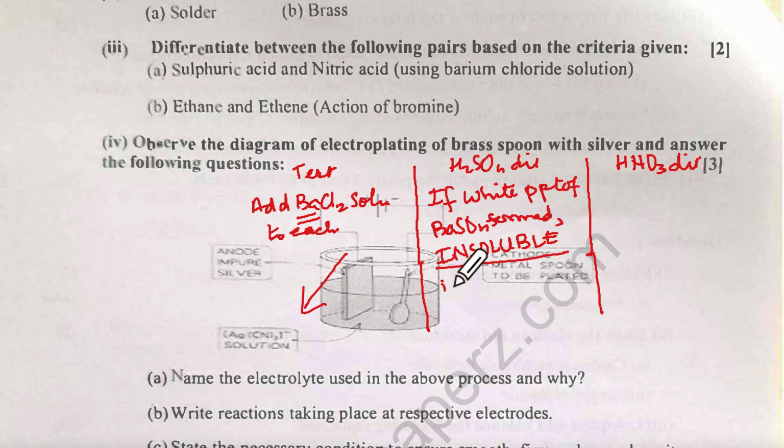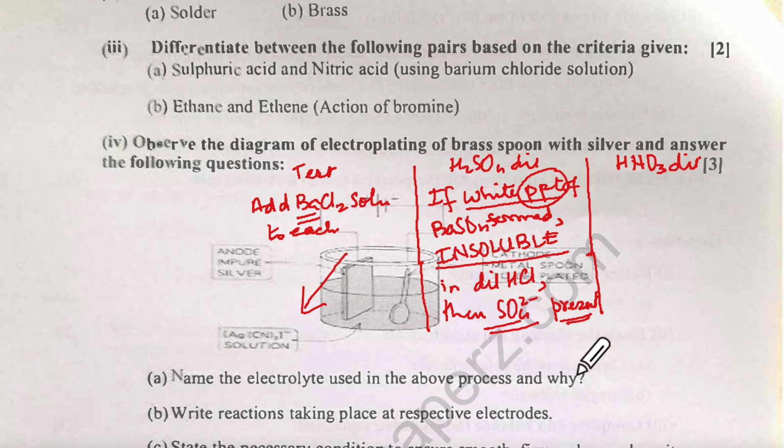Insoluble in dilute HCl. Actually all mineral acids, but the test says dilute HCl. Then it is the test for SO4 2 minus. Underline this and underline white precipitate. In the exam, will you please write precipitate and not PPT? Precipitate.